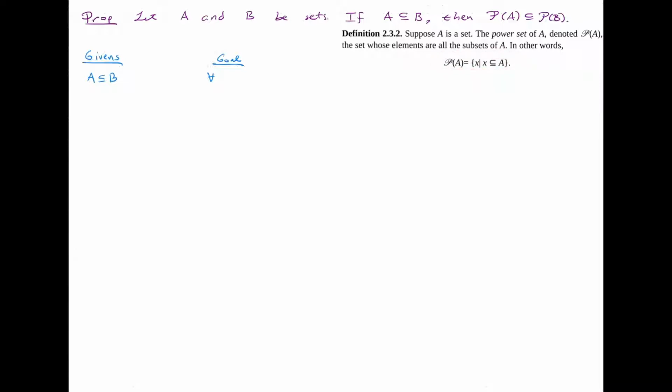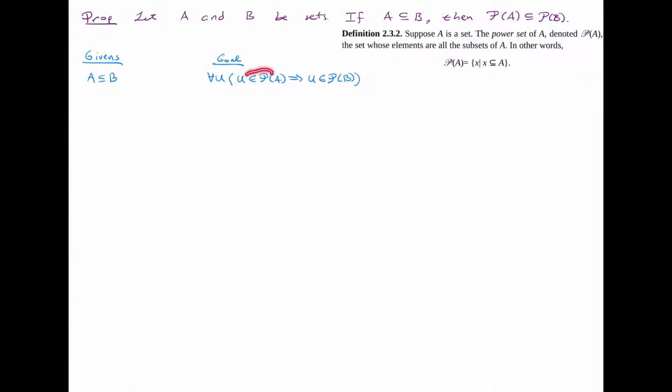But the convention that you will see in your further math courses is that whenever we deal with a set, we capitalize. And so instead of using a lowercase x, I'm going to go ahead and use a capital U. And so we have for all U, U is in the power set of A implies that U is in the power set of B. And so just to recap, the only reason I am capitalizing U here is to emphasize that we are dealing with a set.